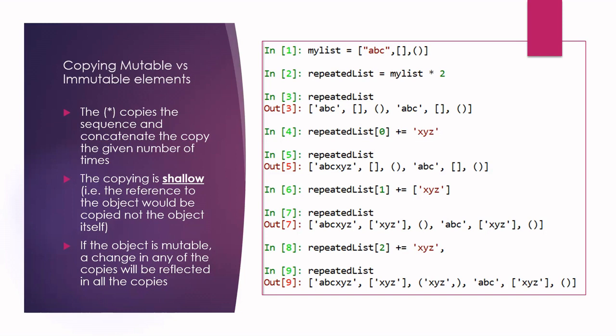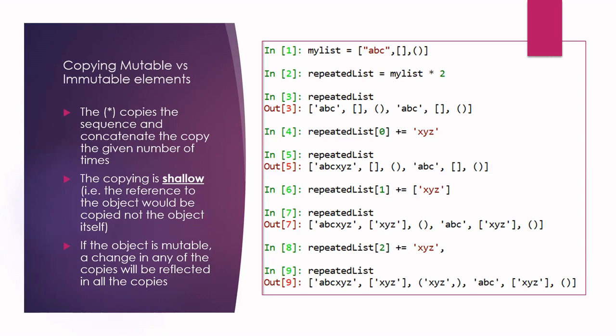So if you have something like this, and you have a copy, so here when we created the repeated list, we copied the values that were in the original list and appended them, right? So these two right now will be pointing to the same object. So if we print them, it will print the same object.